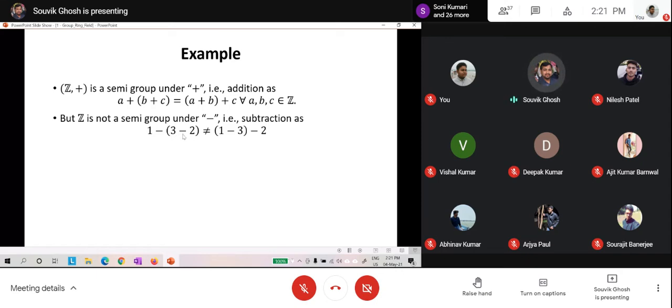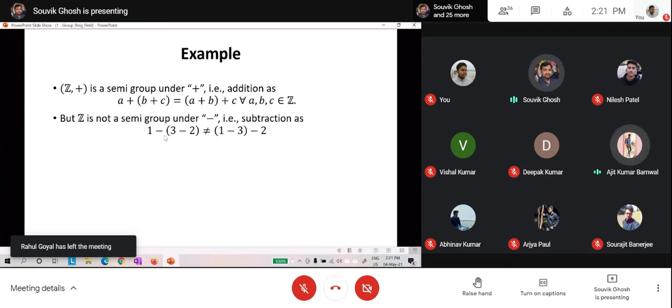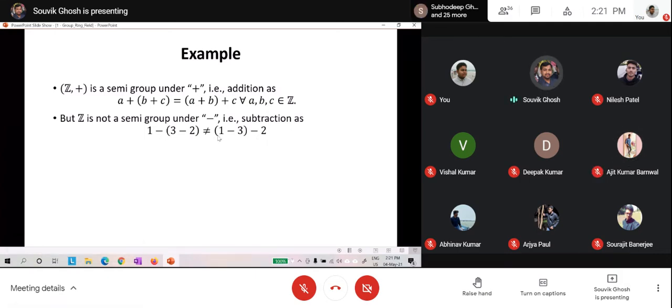If we do 3 minus 2 first, we get 1, so 1 minus 1 is equal to 0. And the other one, (1 minus 3) minus 2, is minus 2 minus 2, which is minus 4. So 0 is not equal to minus 4, obviously. So it does not satisfy the associativity property. So Z with plus is a semigroup, but Z with minus is not a semigroup.